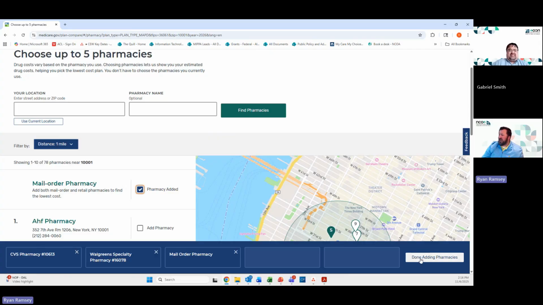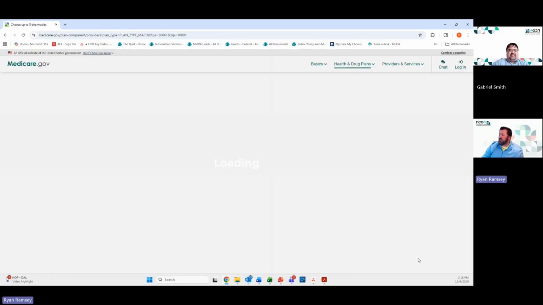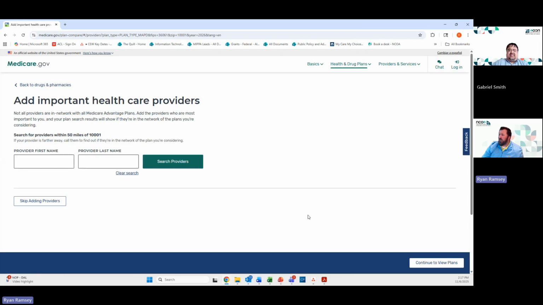Once we've done that, we're going to go to done adding pharmacies and move forward. Now, it's going to also ask us to add important healthcare providers.